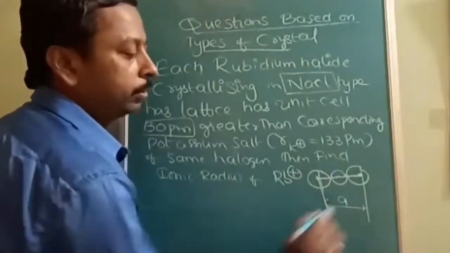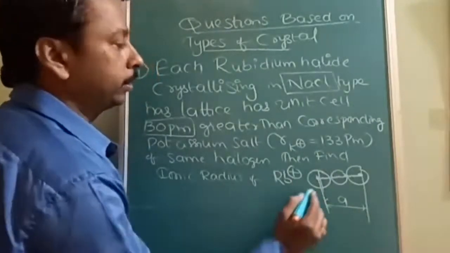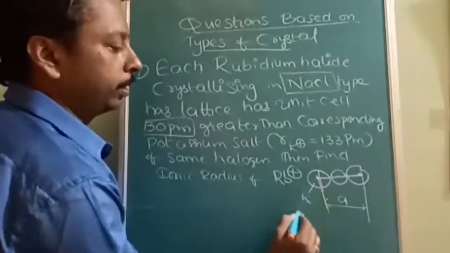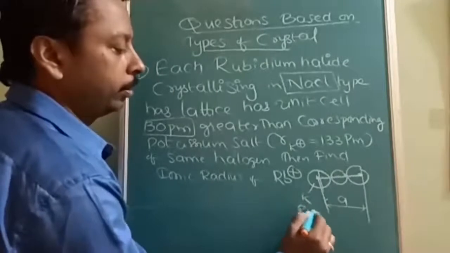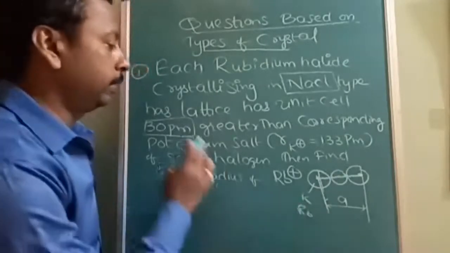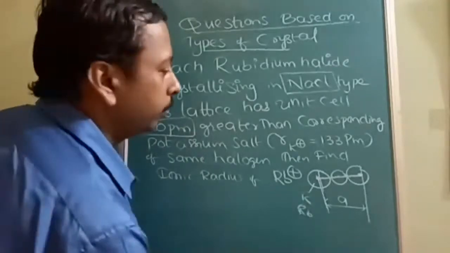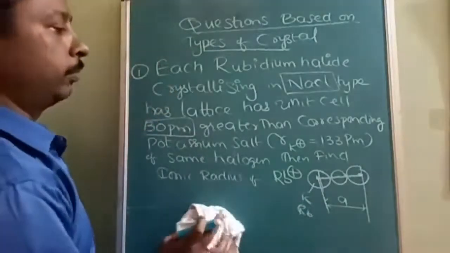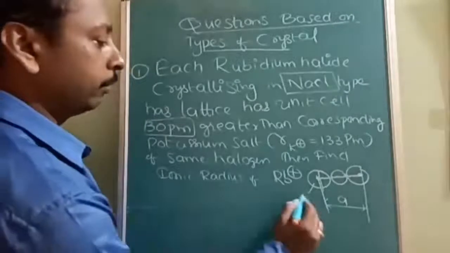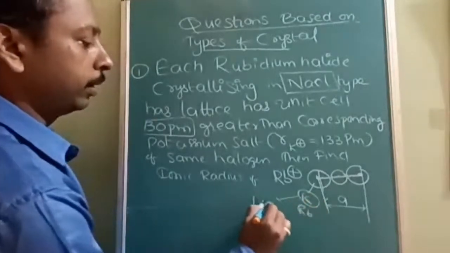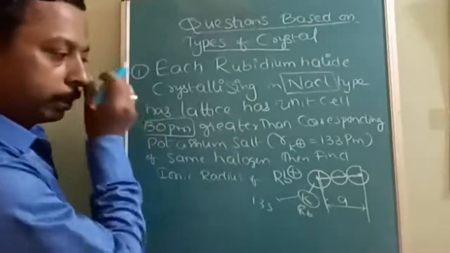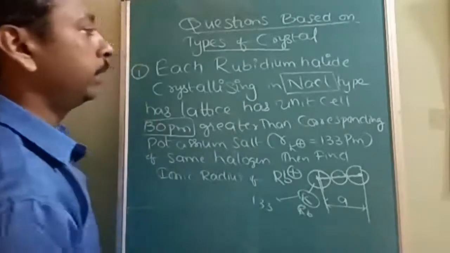So this edge length, if I take potassium and if I take rubidium, the rubidium one is higher by 30 picometer. That is what is given. And radius of potassium is how much? 133. Okay, so this is all given in this paragraph.